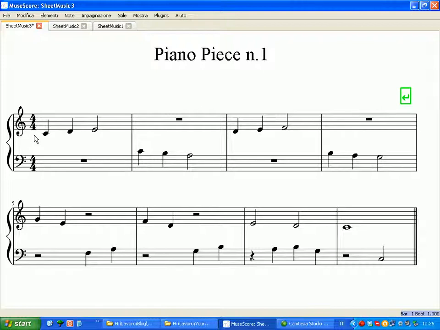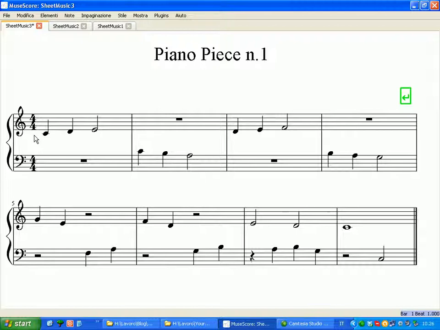And so we have to learn what these numbers actually mean. In this case, as you can see, we have a fraction in which we have, as in every fraction, two numbers, the numerator and the denominator. The numerator gives me the number of beats in each bar.